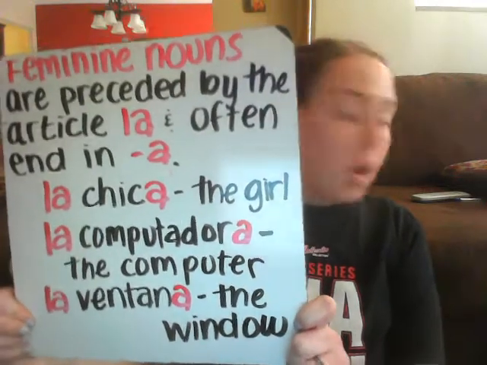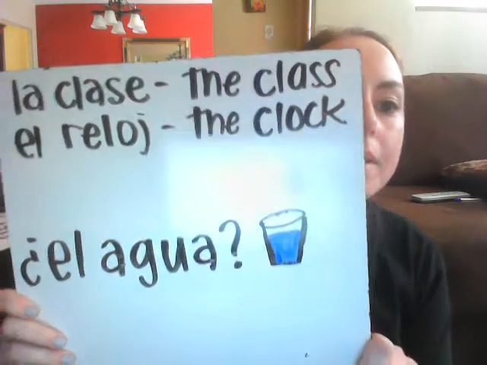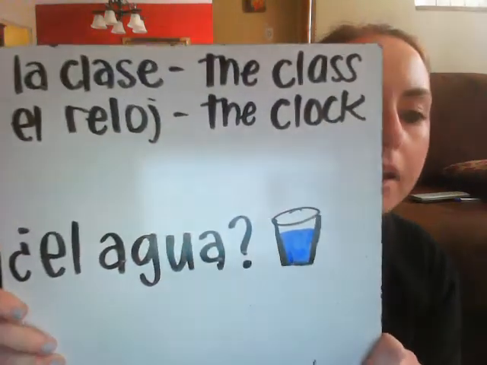Let's talk for just a second about what happens when I have a noun that doesn't end in O or A, because not all nouns will end in O or A. I need to be able to identify whether they're masculine or feminine. Here I have a couple of examples, like la clase for the class.